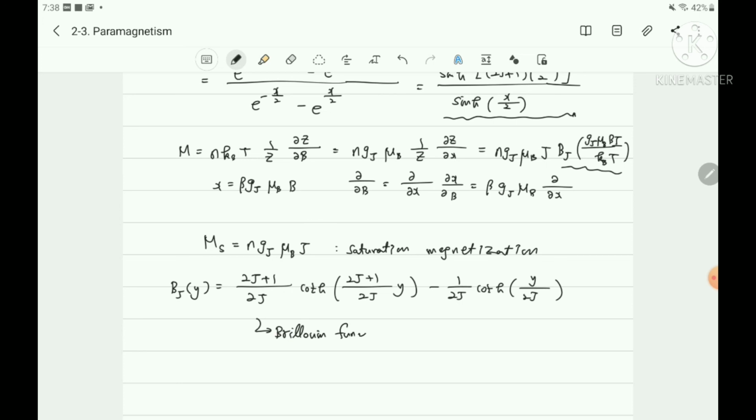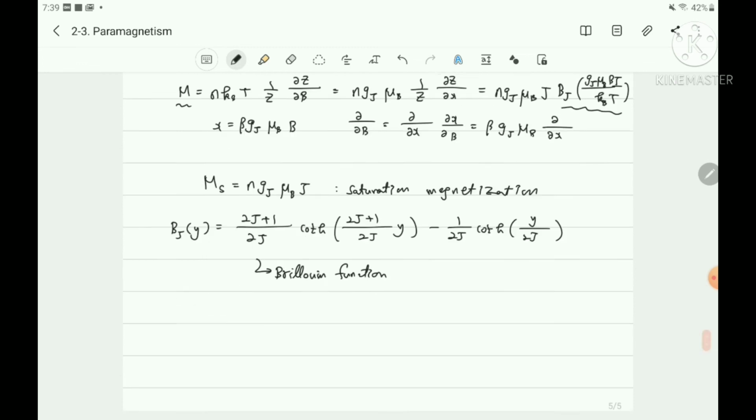You do not need to remember the explicit expression of the Brillouin function, but you should understand that the magnetization is a function of the Brillouin function.